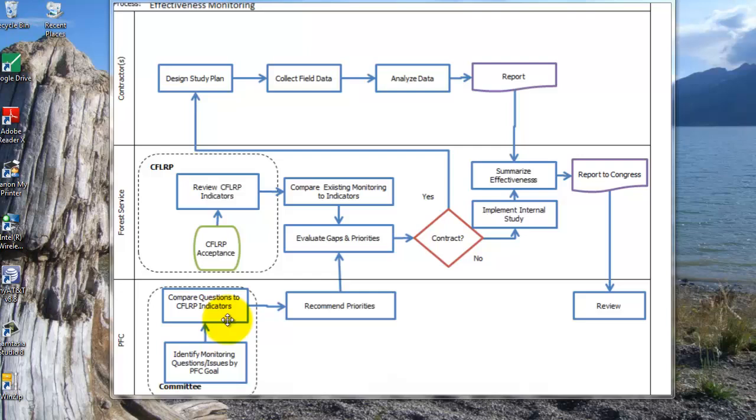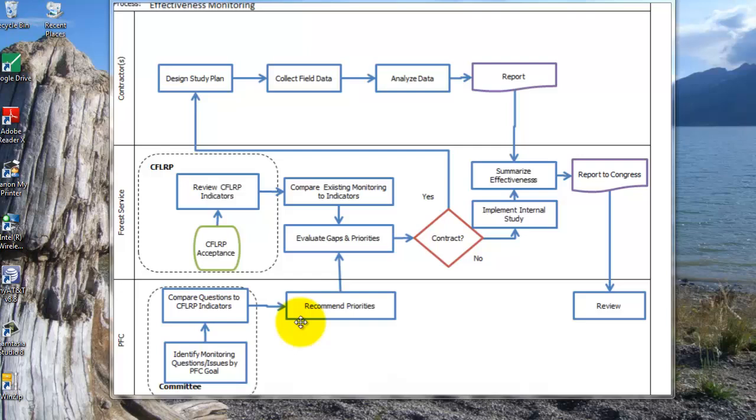In particular, in the short term, it's the collection of ecological indicators that are policy. These indicators are at a fairly general level, but they address both the CFLRP landscape, in the Payette's case the 900,000 acres, as well as the individual projects like Mill Creek, Council Mountain, Lost Creek, and Boulder Creek. And then a step after that would be to recommend priorities.